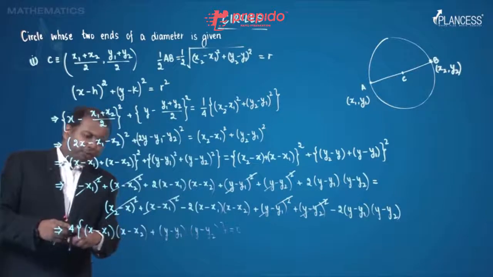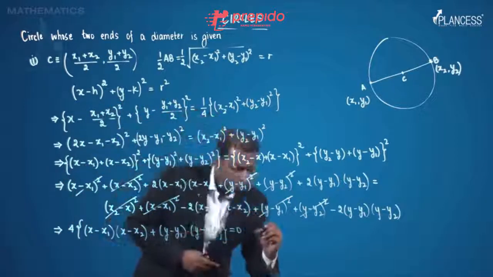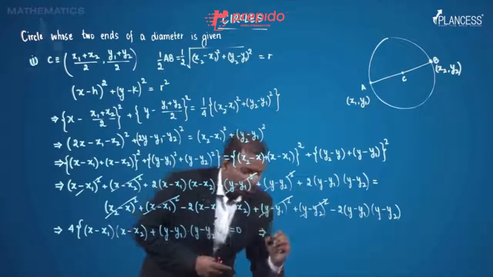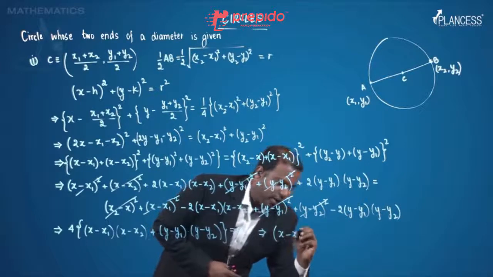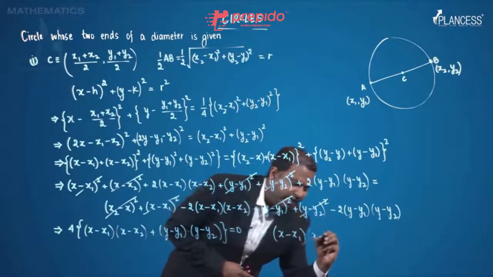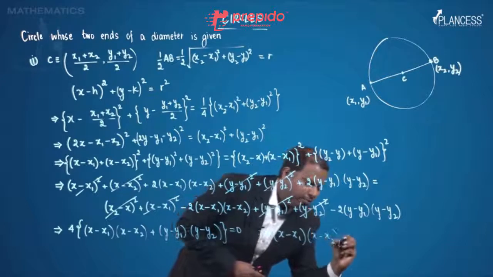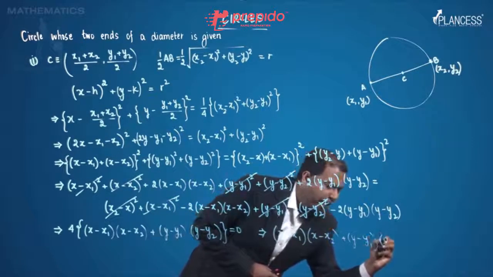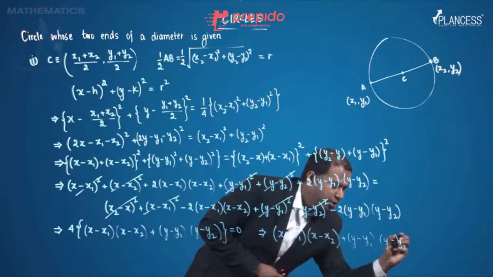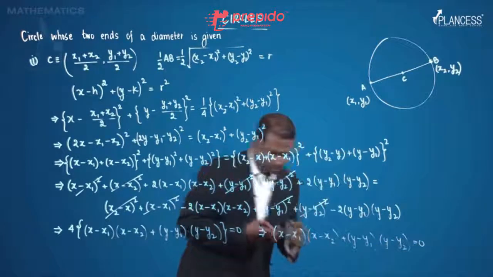We can easily remove this constant 4. So the final step for us in this case is (x − x1)(x − x2) + (y − y1)(y − y2) = 0.